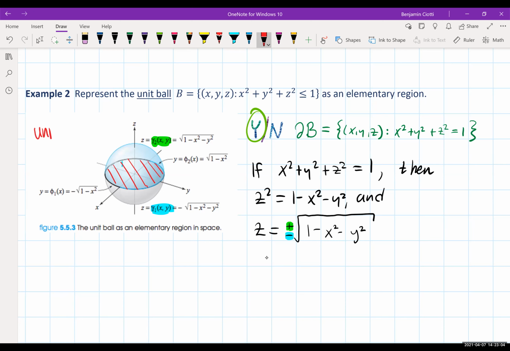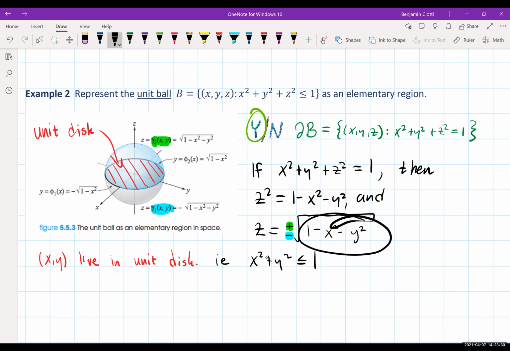So x, y live in the unit disk. That is to say, x squared plus y squared must be less than or equal to 1.